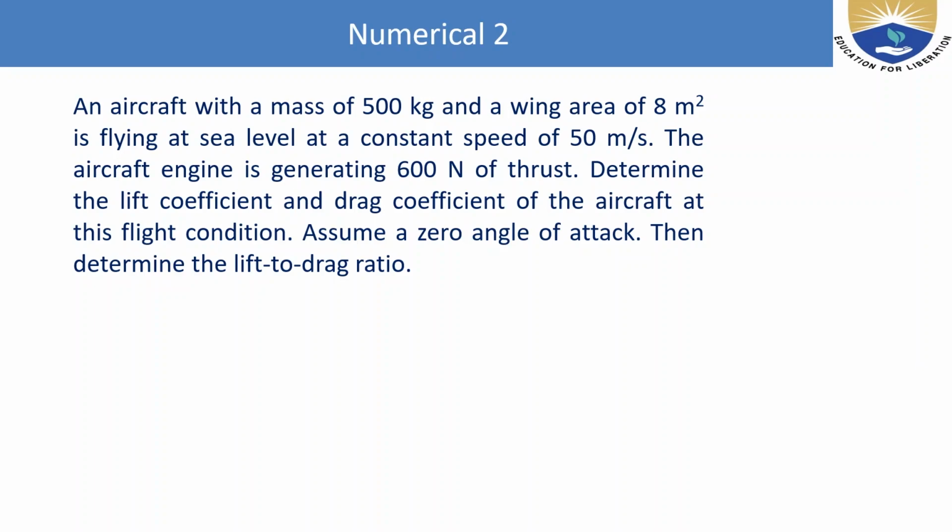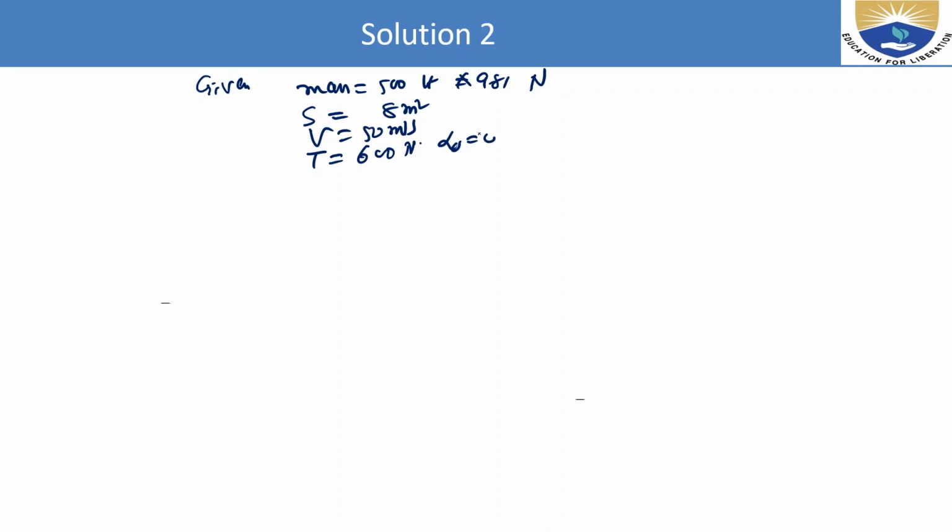So here, what are the things given? Mass is equal to 500 kg, area S is equal to 8 meter square, V is equal to 50 meter per second, T is equal to 600 Newton, alpha 0 is equal to 0. Weight is equal to mass into g, so 500 into 9.81, you will get 4905 Newton.